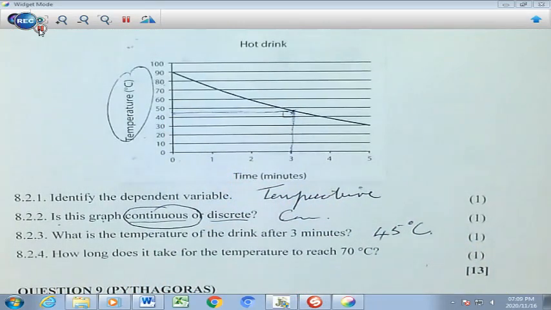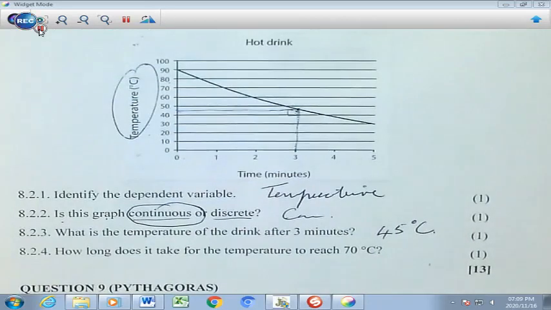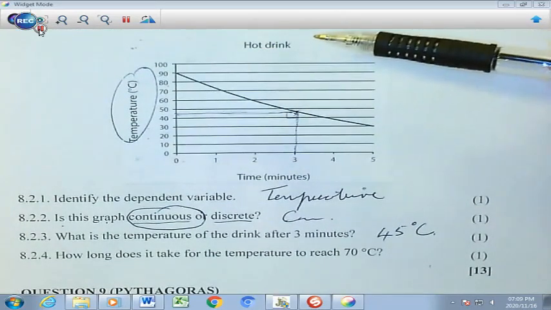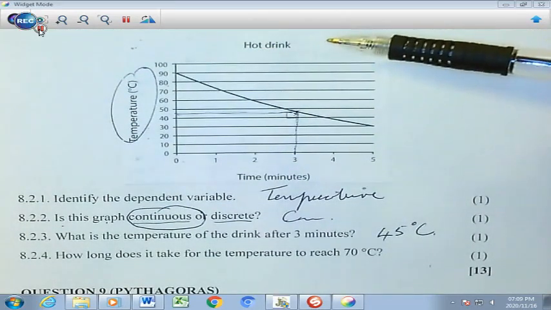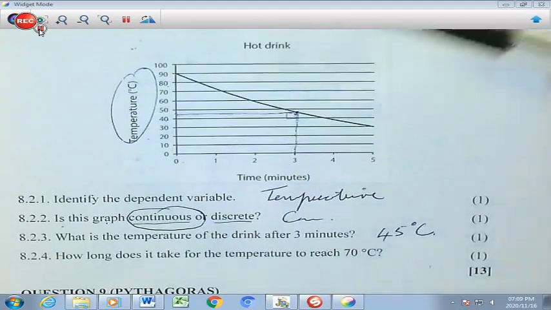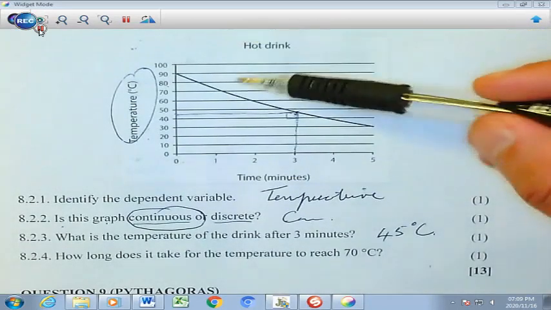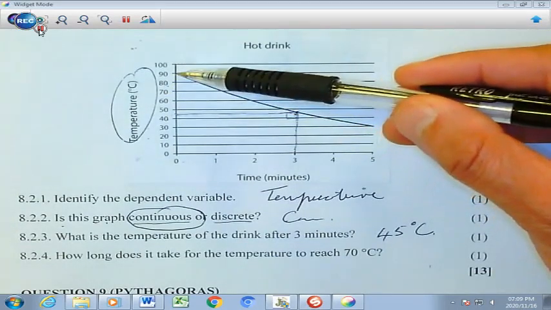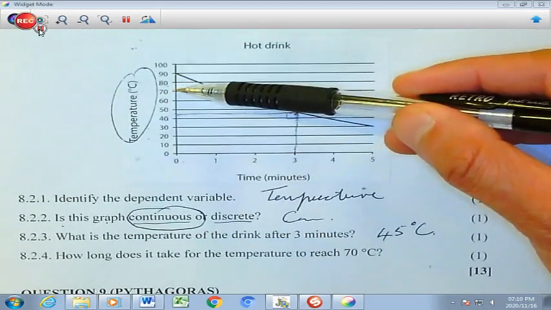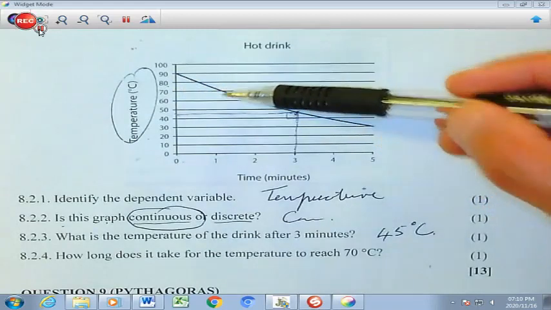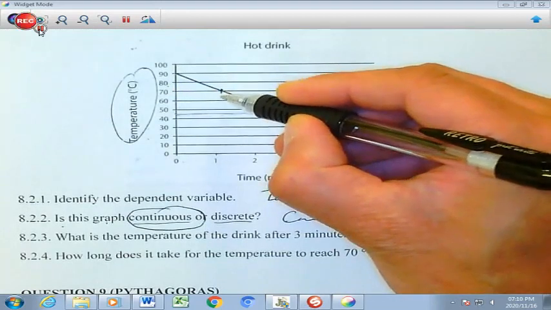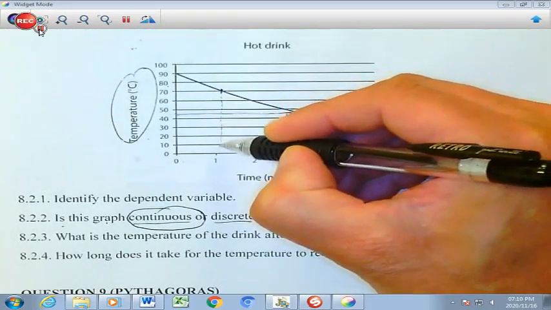How long does it take for the temperature to reach 70 degrees Celsius? So you are going to see here is 70 degrees Celsius. There it was 90. So if you take this line across here, whenever the line touches the 70, you need to jot that down there.